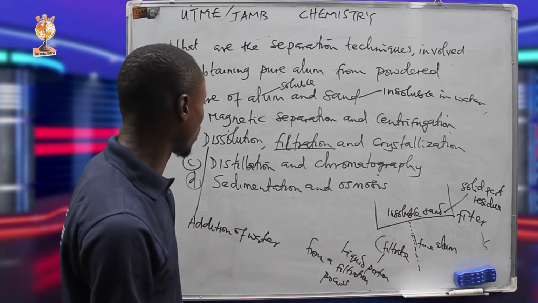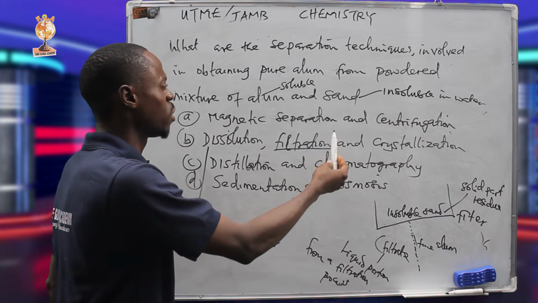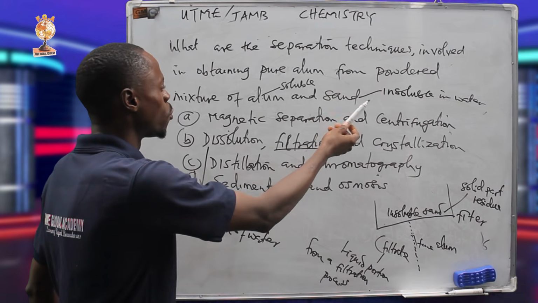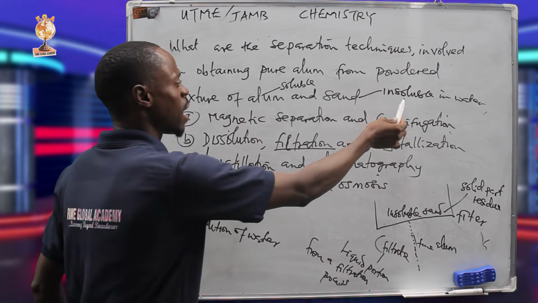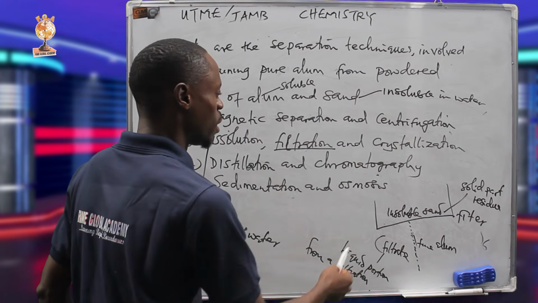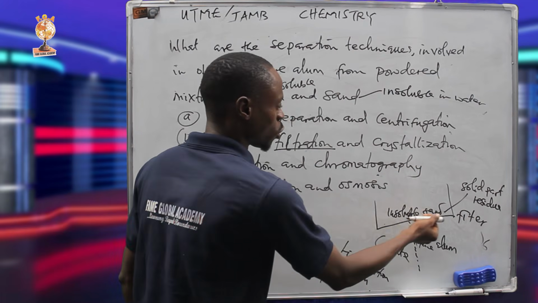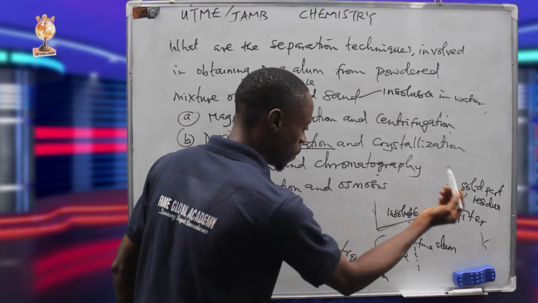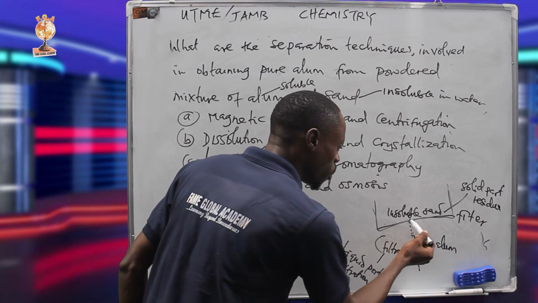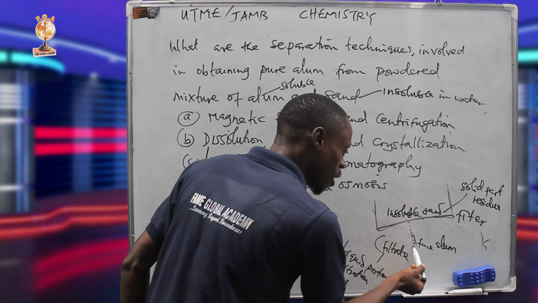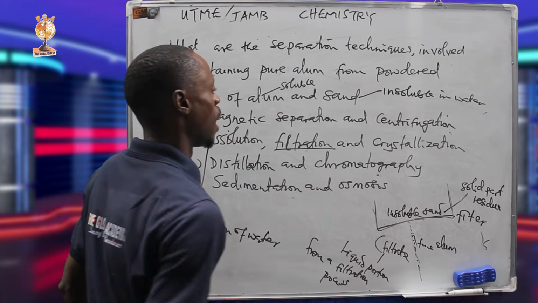So the best method you can adopt is, first of all, carry out dissolution, that is, add water to the mixture. The fine alum, which is soluble, will dissolve in water, but the sand will remain insoluble. Then get a filter paper and pour the entire mixture on top of the filter paper. The dissolved alum will pass through the pores of the filter paper and come out alongside the water, while your insoluble sand will remain at the top.